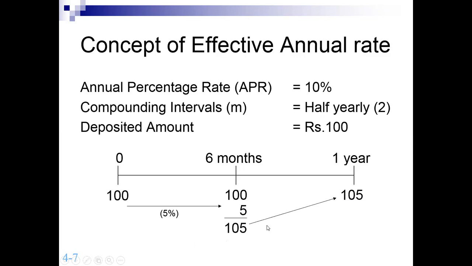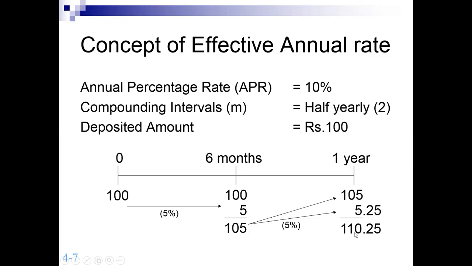So when the bank uses this amount and applies 5% interest on this, carefully see that the interest amount you are receiving is comparatively more than what you were getting earlier. The total interest that you will be able to get is 5 at the end of the 6 months and 5.25 at the end of the year.